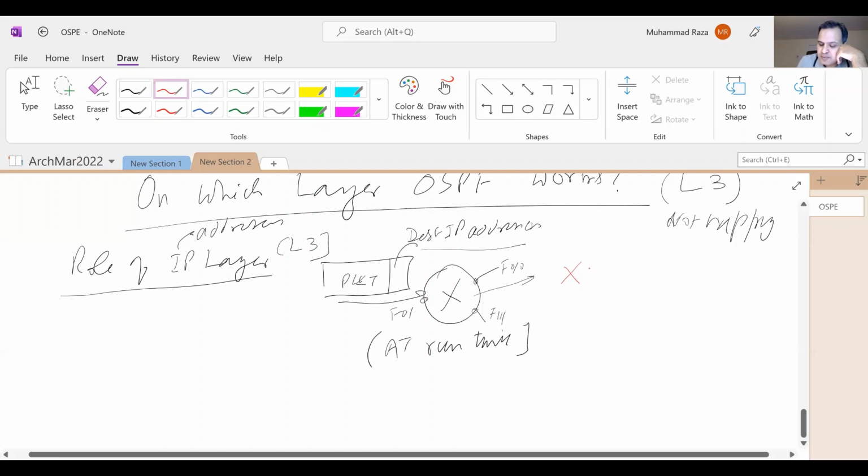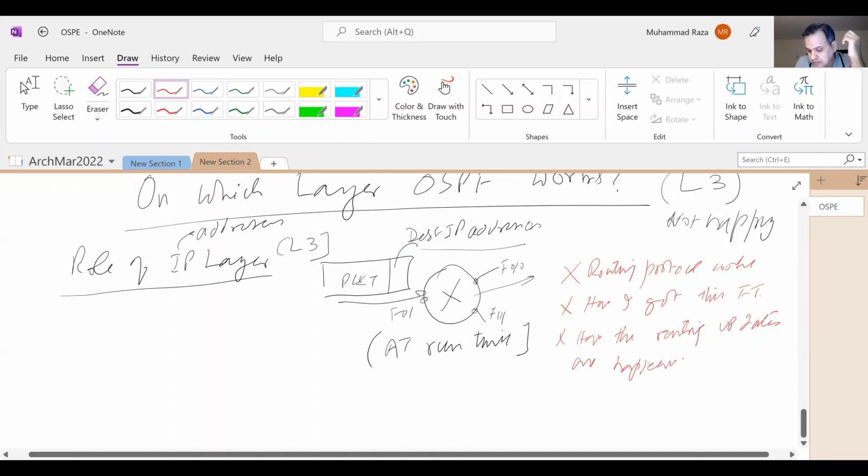For example, how a routing protocol works, how I got this forwarding table which I consulted, and based on that, I forwarded this way or that way, and how the updates are happening. I have no concern with that.